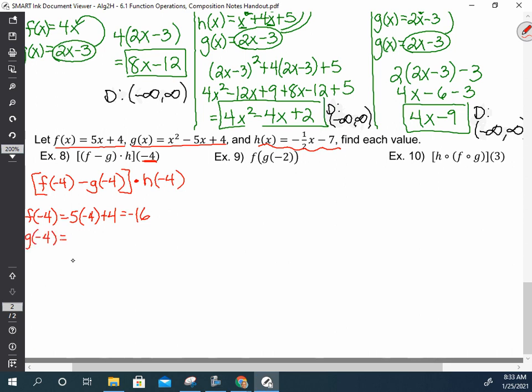G of -4, -4 squared minus 5 times -4 plus 4. 16 plus 20 is 36, plus 4, 40. And if you see something wrong in my computation, please tell me. I'm not perfect. H of -4, -1/2 times -4 is 2. 2 minus 7 is -5.